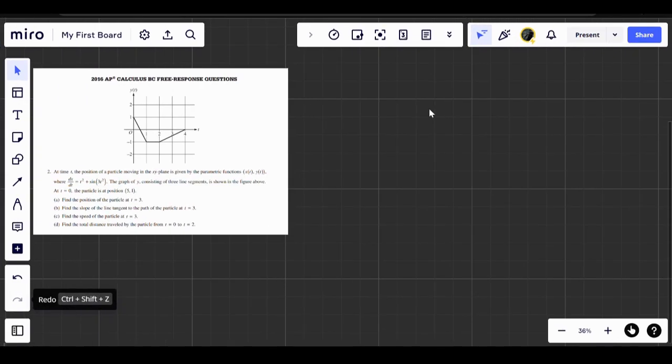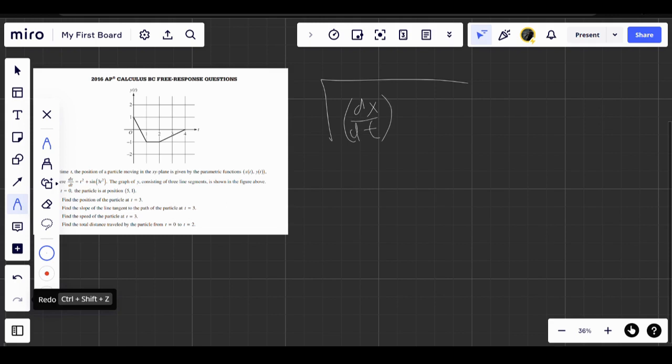For the third part of the problem, we know that the formula for speed is the square root of dx dt squared plus the square of dy dt. And so we can just plug in 3 for both dx dt and dy dt.